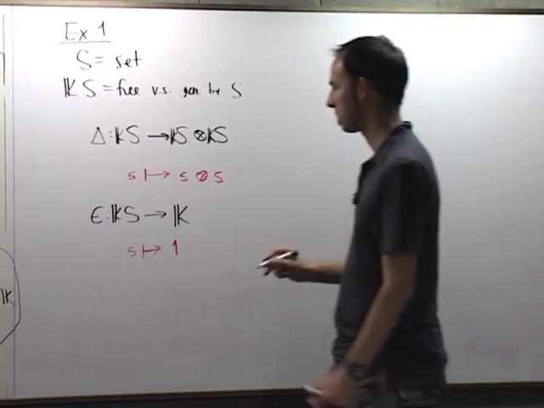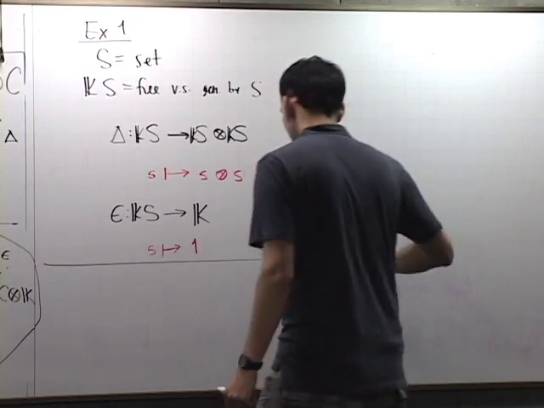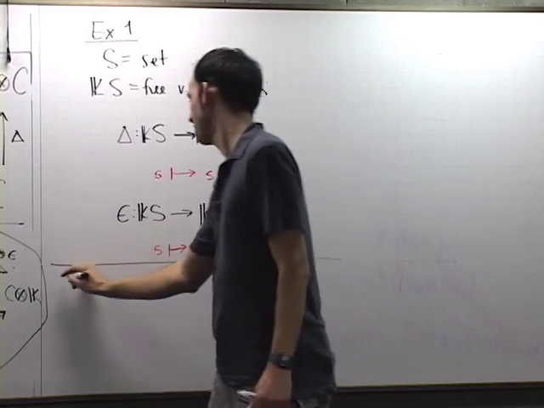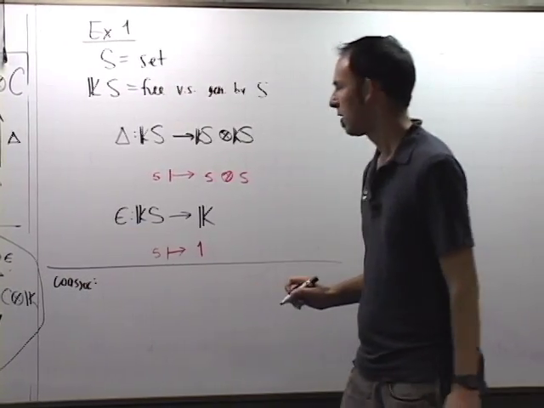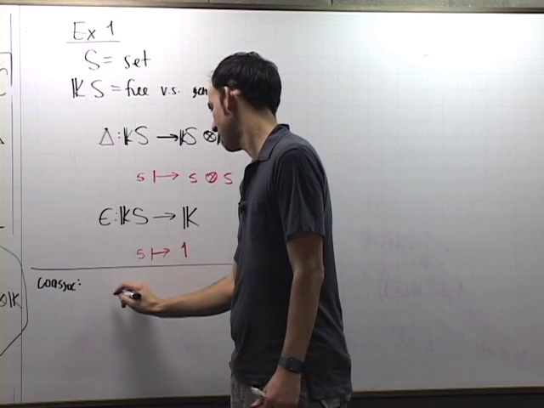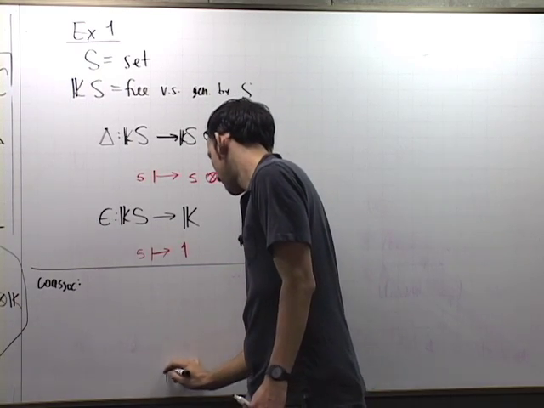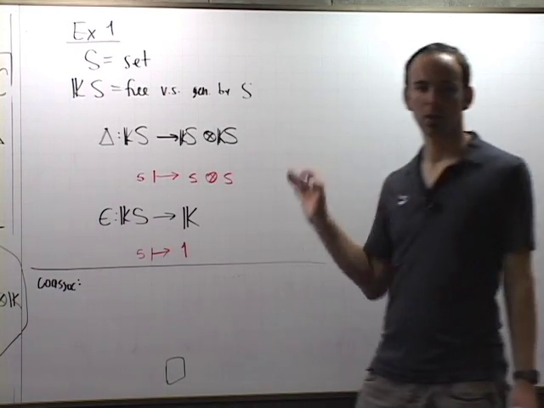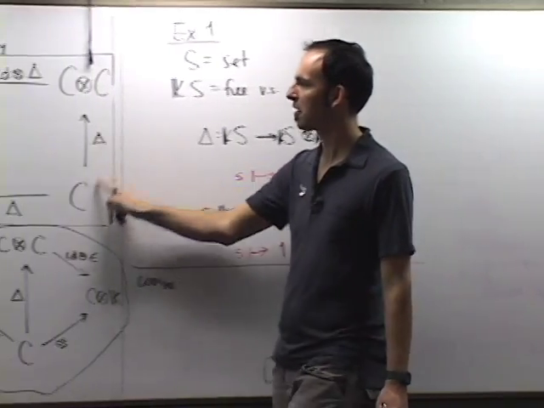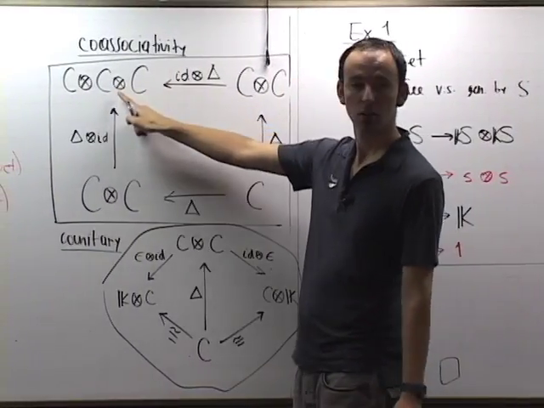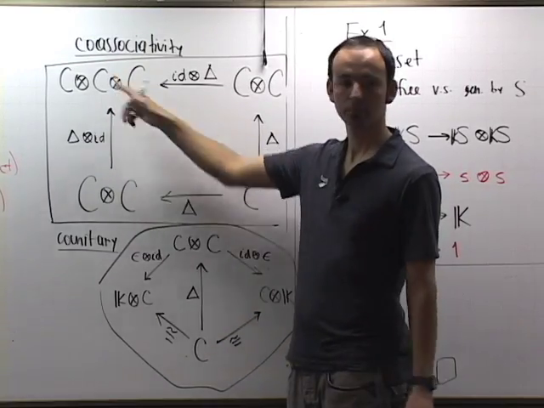Okay, so we need to check that this works. So let's check coassociativity. I'm going to start with an element over here and take it around. We're going to show that we get the same thing going over here or over here.